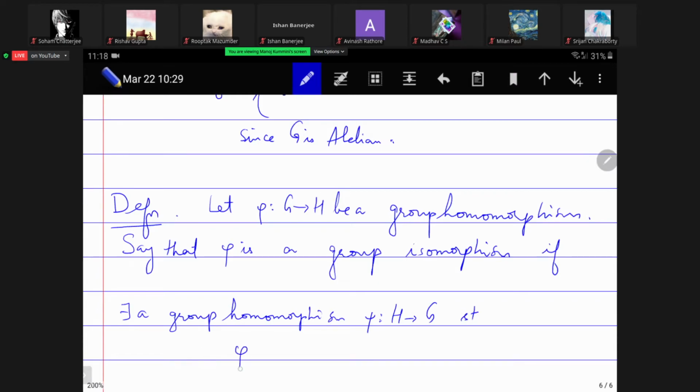If you apply phi first and then psi, this goes from G to H and back to G, and it is the identity map on G. And phi psi is the identity map on H: psi first and then phi is a map from H to G and back to H. So these two composites are the respective identity maps. If this happens, we say that phi is a group isomorphism.